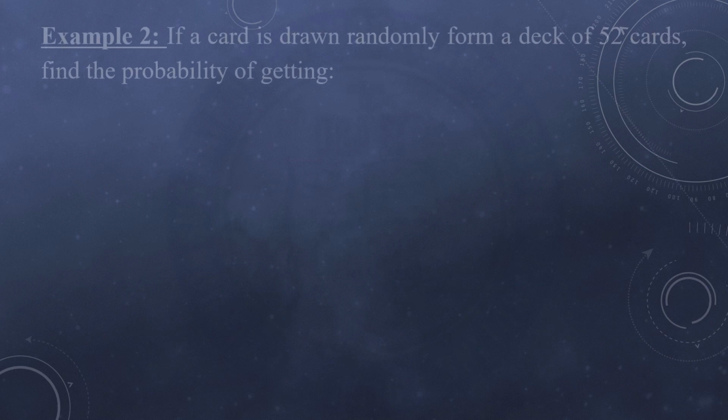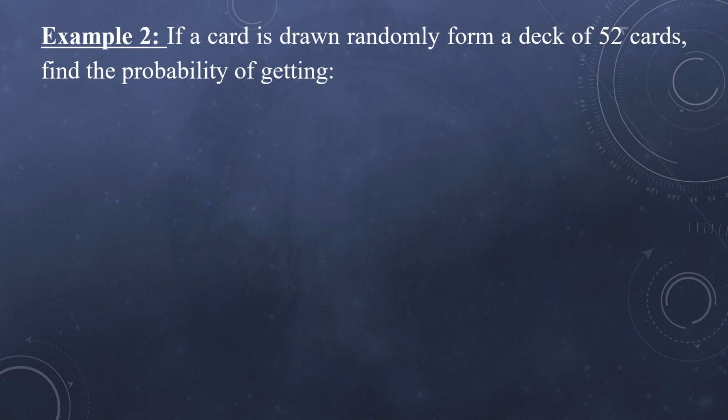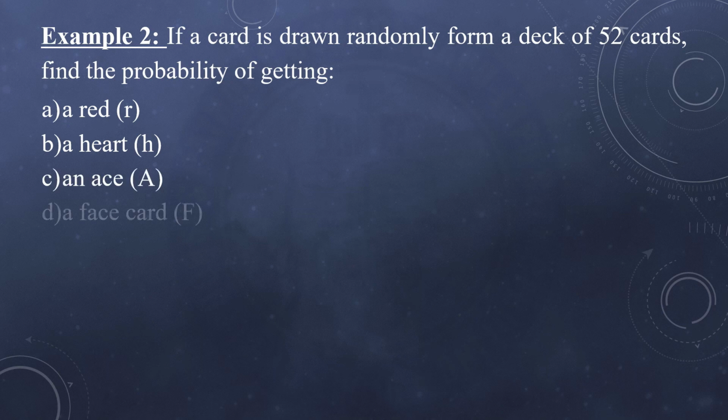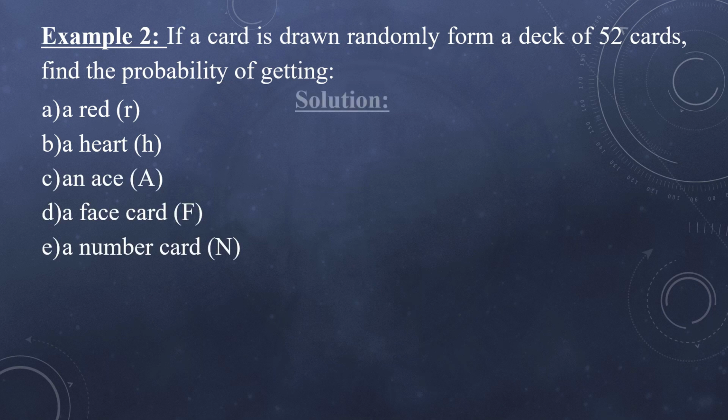For example number 2, if a card is drawn randomly from a deck of 52 cards, find the probability of getting a red card, a heart card, an ace card, a face card, and a number card.